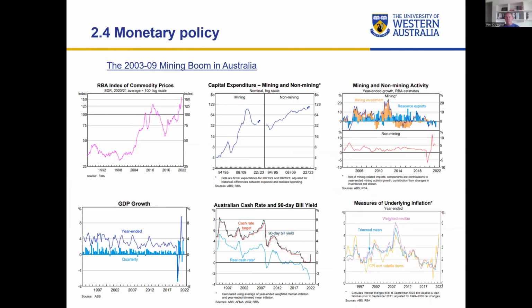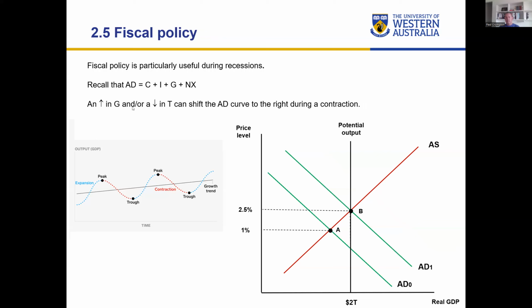At the same time, the government, over the last two years, massively increased government spending and cut taxes to try to shift the aggregate demand curve to the right. It also implemented this third policy that we'll learn about called QE.